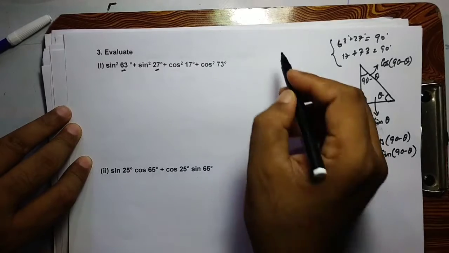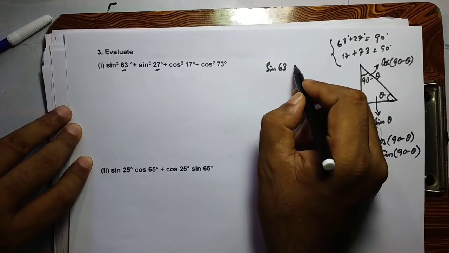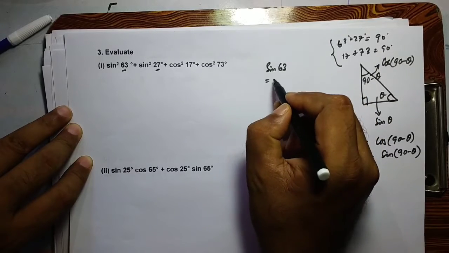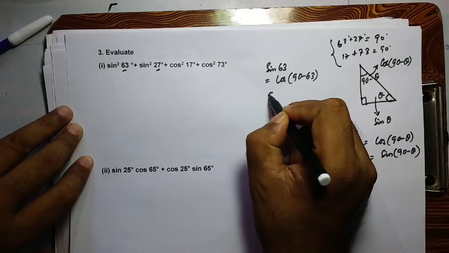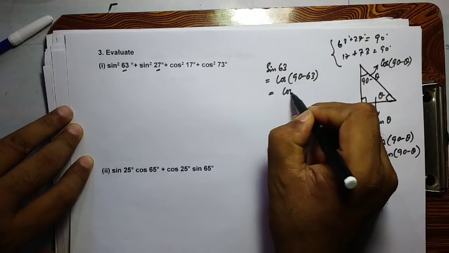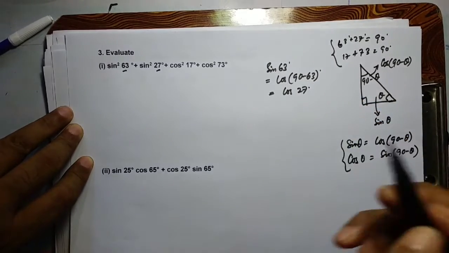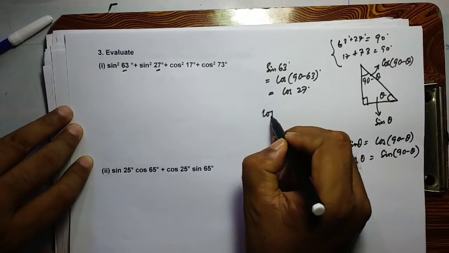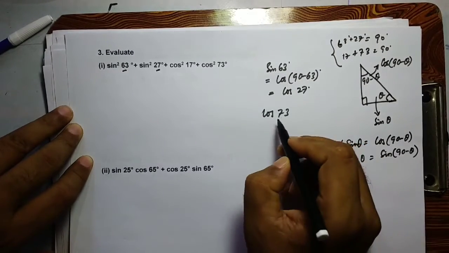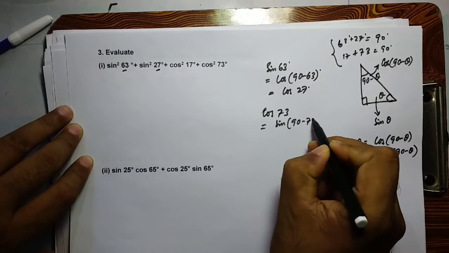So for our case, sine 63, we can write this as cos of 90 minus 63. So this is cos of 27, right? Similarly, cos of 73 equal to sine of 90 minus 73.